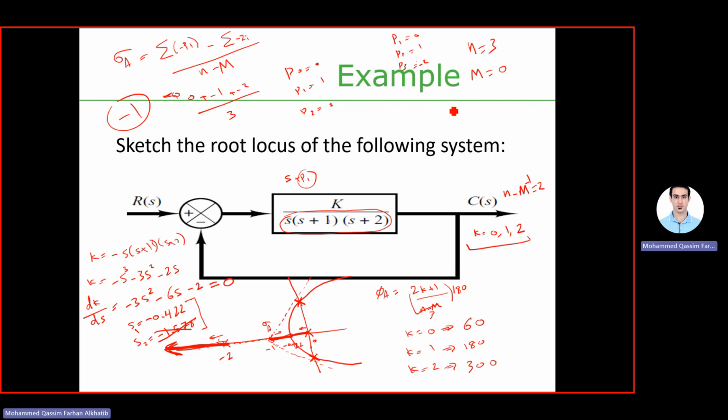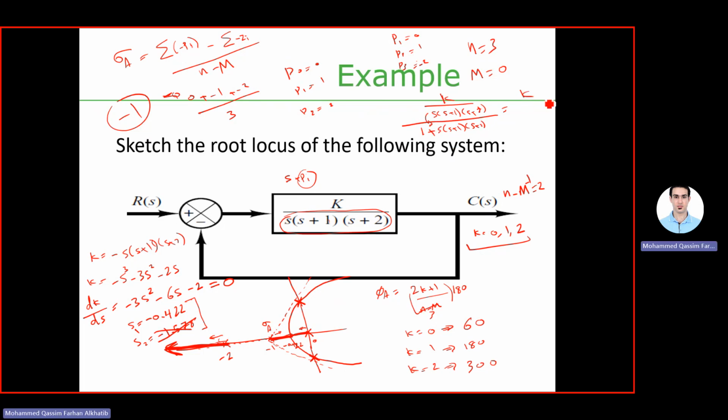It will be G = K over (s+1)(s+2), over 1 plus K over (s+1)(s+2).